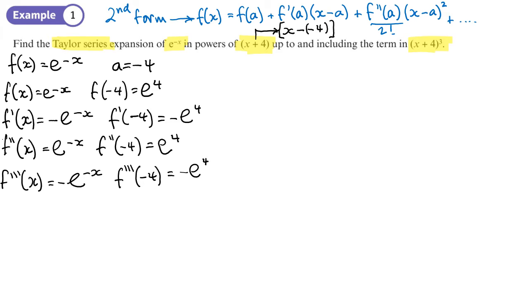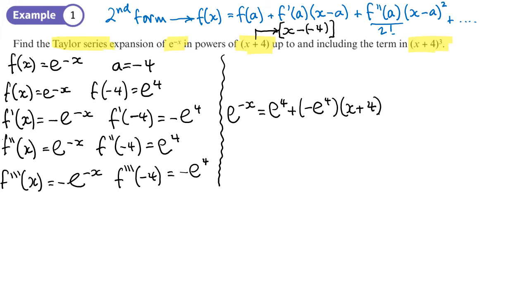So now I can plug all of these values into the expansion. So e to the minus x is equal to f of a, which is e to the 4, plus the first derivative at -4, which is actually minus e to the 4, times x minus a. Remember, x minus a is x minus -4, so it's x plus 4.